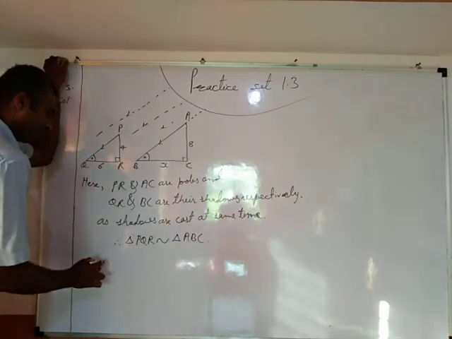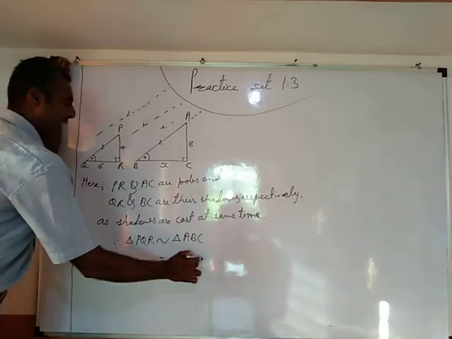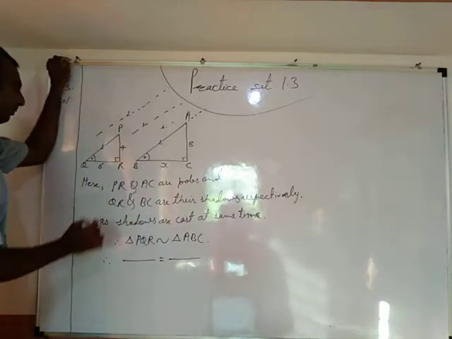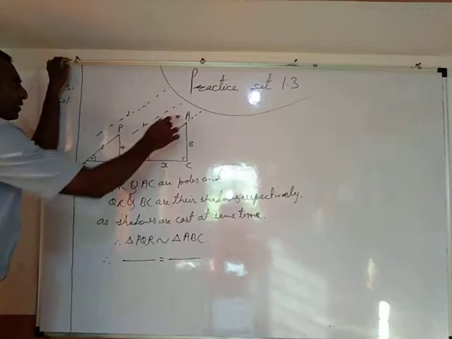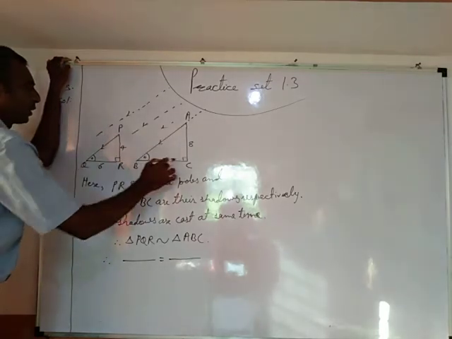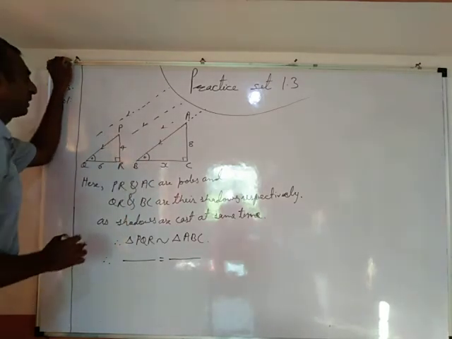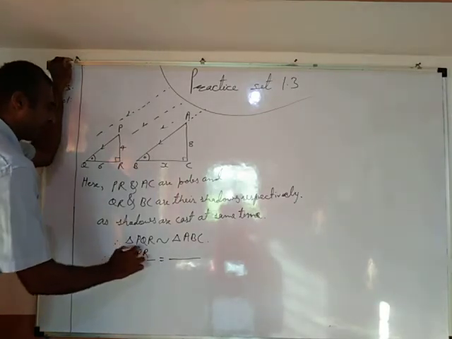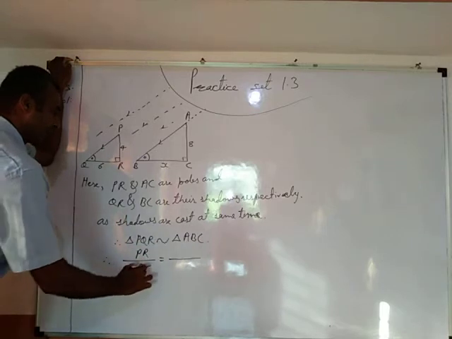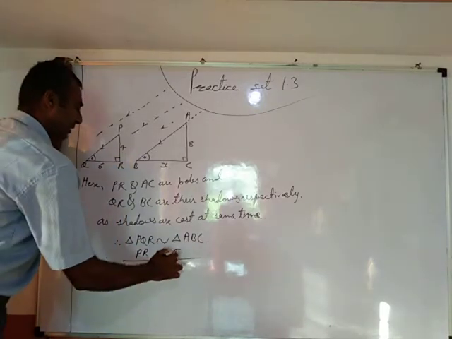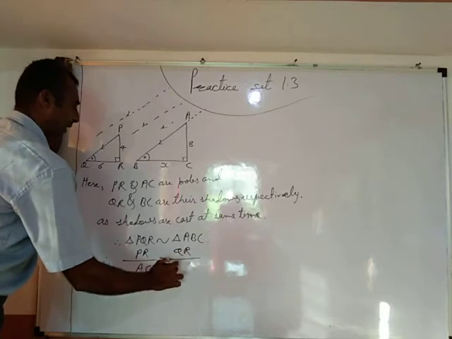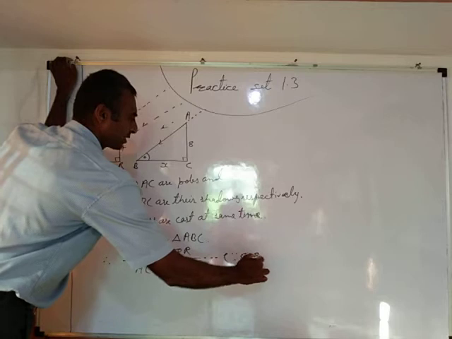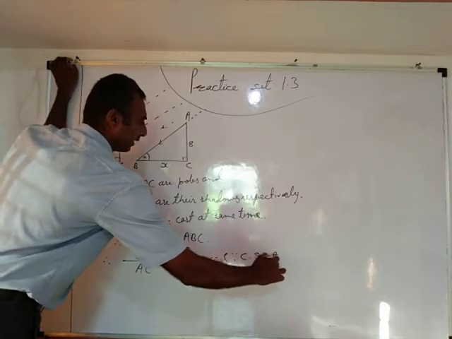Okay, and we know that if two triangles are similar, then their corresponding sides are in proportion. We are interested in PR corresponding to AC and QR corresponding to BC. Let's mention here. Therefore, PR upon AC equals QR upon BC, since corresponding sides of similar triangles.